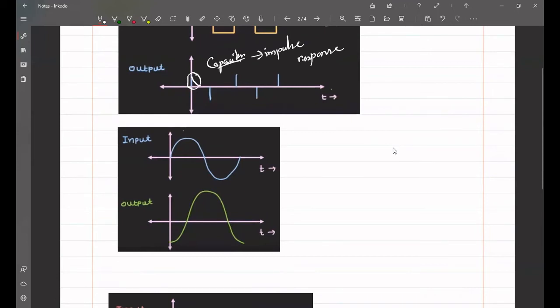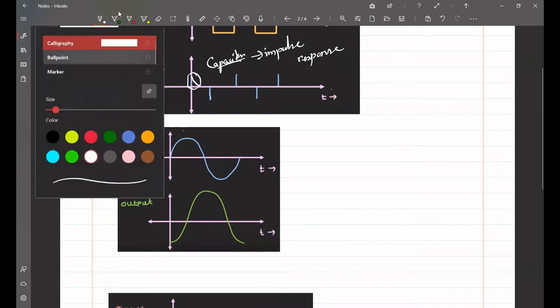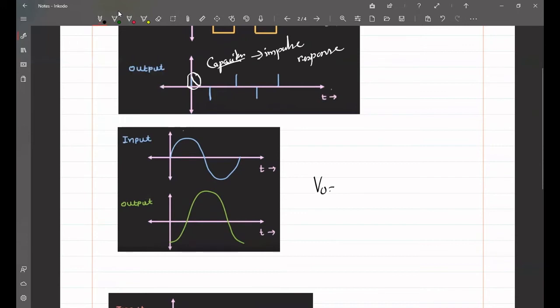And similarly, when you give a sinusoidal input to the differentiator, you will get a cosine output which is negative, because V0 is equal to minus R Ci dVi by dt. So a negative voltage will be there. The differential of sin theta is cos theta.